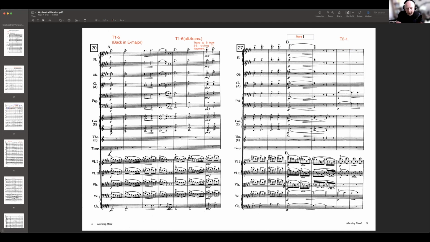Trans 27, 28, 29, 30, 31, T2 idea. I'll probably look back at these annotations and think, what on earth am I saying here? But yes, I do that a lot with my notes. Trans to 31, T2 idea.